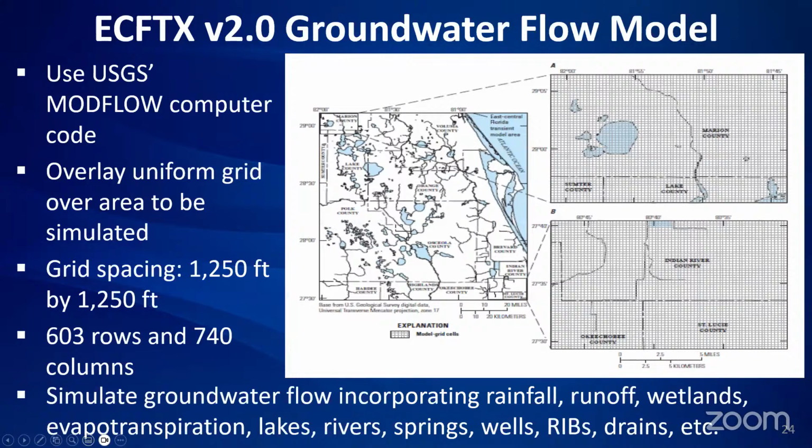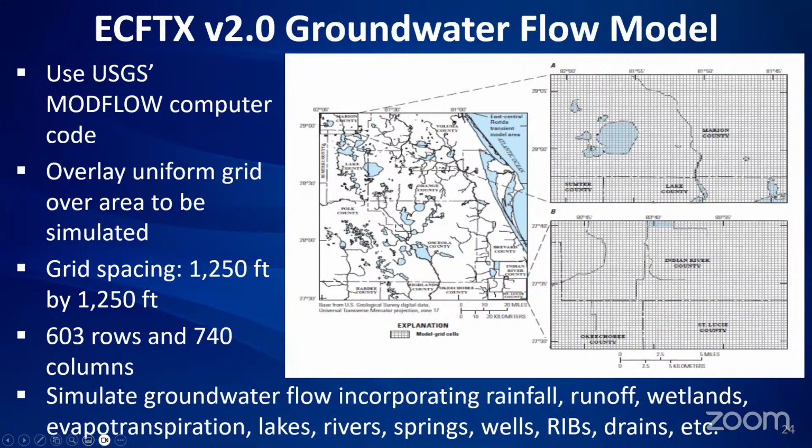We are incorporating the groundwater flow, but also all the hydrologic components, including rainfall, runoff, wetlands, and evapotranspiration. We mentioned lakes, rivers, and springs, and of course the wells are the points at which the groundwater is withdrawn. RIBs are rapid infiltration basins, and that's where wastewater is returned back to the surficial aquifer and Floridan aquifer system.